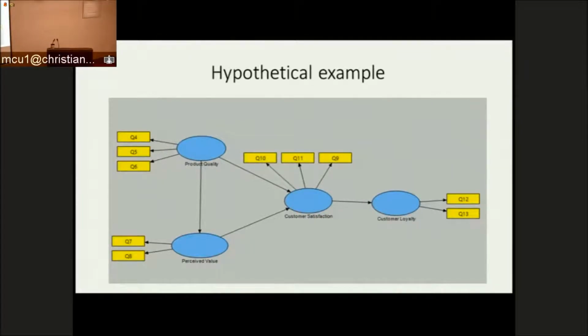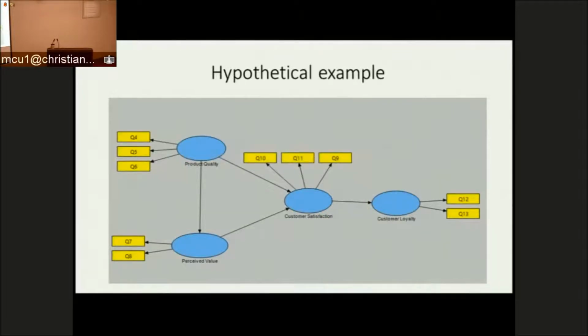I've taken a survey of customers, let's just say they're from Walmart. I've collected some of these items. These are the survey questions, and each of these questions loads on certain constructs. Product quality, because it's a latent construct, you would measure based on 2 or 3 survey items, and those are loading up here.